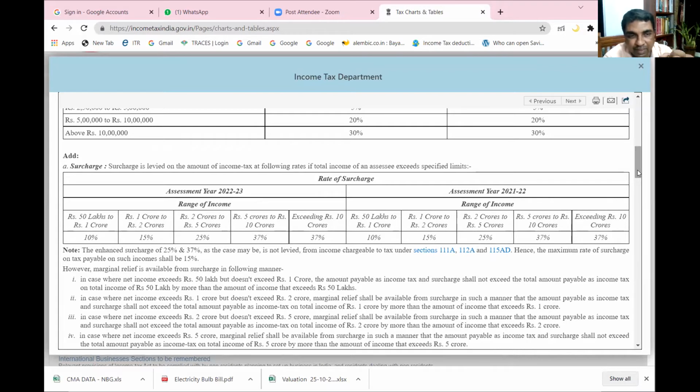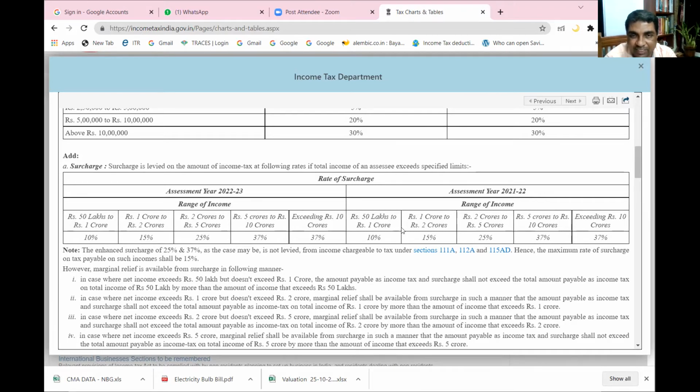Understood? And there is one concept relating to surcharge which I have not told you earlier. That is the concept of marginal relief. Now, let us say surcharge is applicable if the income exceeds 50 lakh.